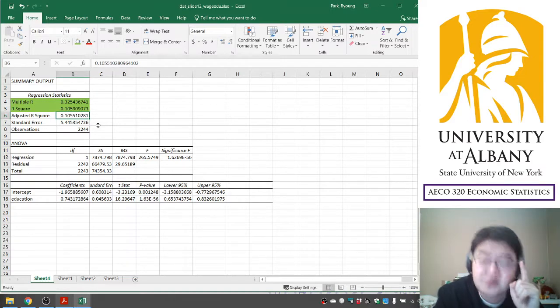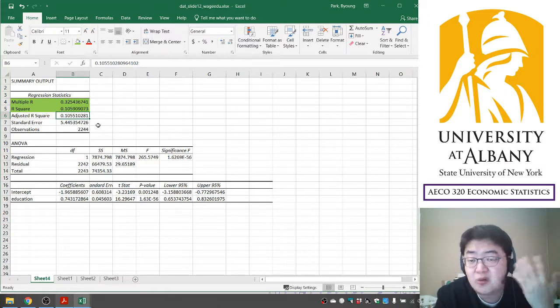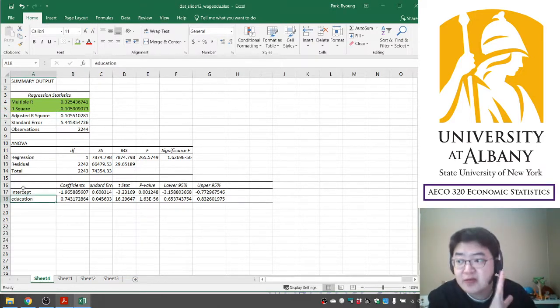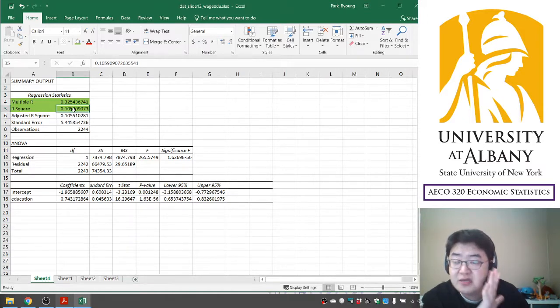We are predicting hourly wage, and intuitively there are a lot of components going into the hourly wage determination. So education is an important factor, but there must be many more determinants of the wage. So 10% is not a bad number. You are explaining 10% of wage only using one variable.